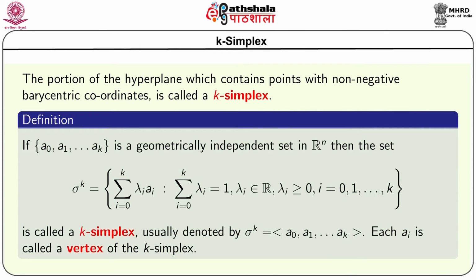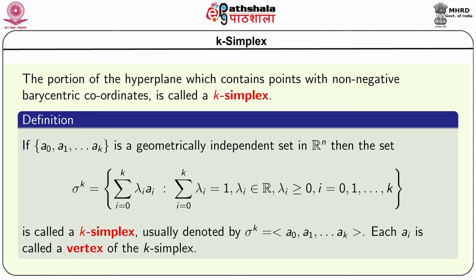Now, with these we define a k-simplex, which serves as the building blocks for simplicial complex. If a 0 to a k is a geometrically independent set of points in R n, then we take that portion of the hyperplane which contains the points with non-negative barycentric coordinates.